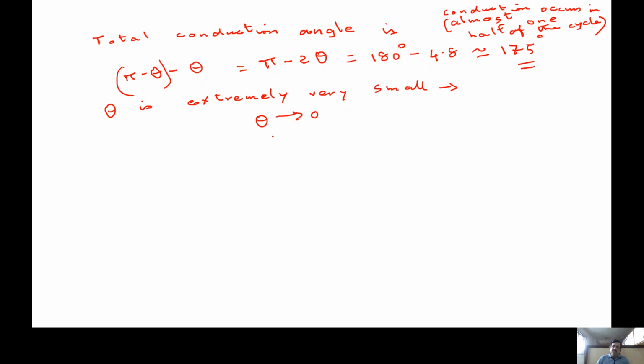Now theta tends to 0, so the other angle, pi minus theta, will also be close to 180 degree, because it's 175 degree. So with theta 1 and theta 2 taken this way, it becomes close to 180 degree. This I am assuming.